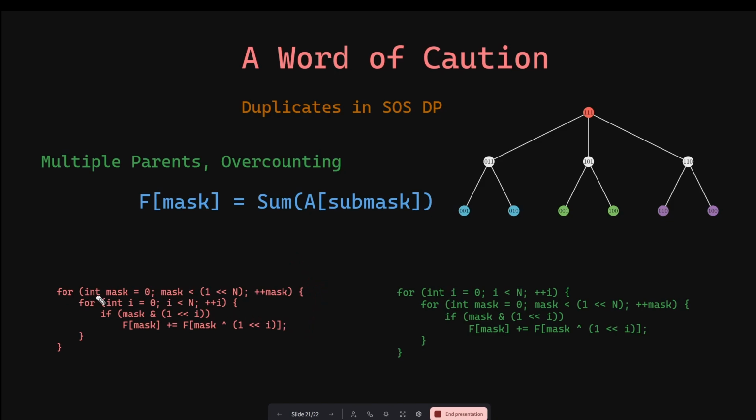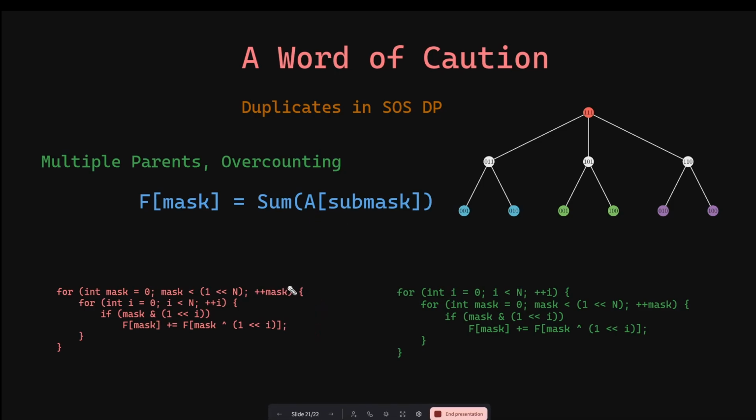So for example, this is one approach where you iterate the masks in increasing order, because you will query for the submask and then you will add it to that mask, right? But this code doesn't work because it will have duplicates, and you can see why.